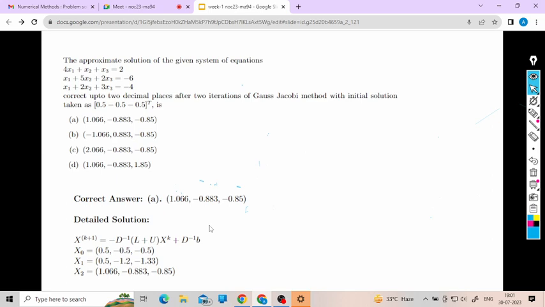I guess the second value will be minus 1.1, and the third is minus 1.16. Are you getting it?